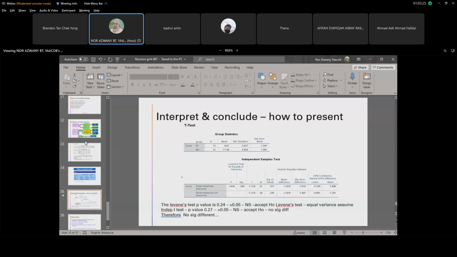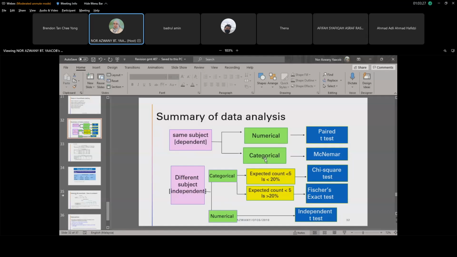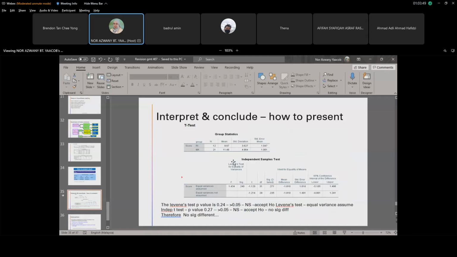Okay, sebab kalau numerical, paired t-test, you don't need to look into that. You just need to look into normal distribution, but there's no assumption for homogeneity of variance. Tapi untuk independent t-test, one of the assumptions is homogeneity of variance. So the assumption of homogeneity of variance is answered by the Levene's test.